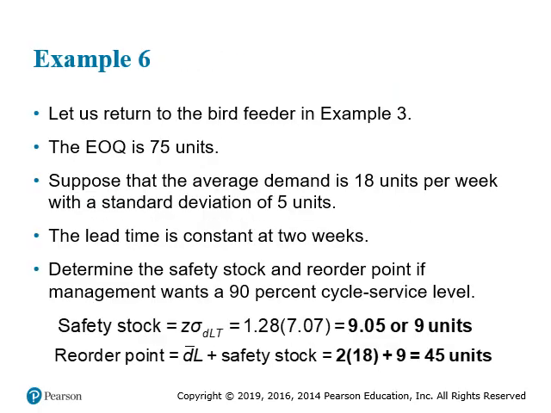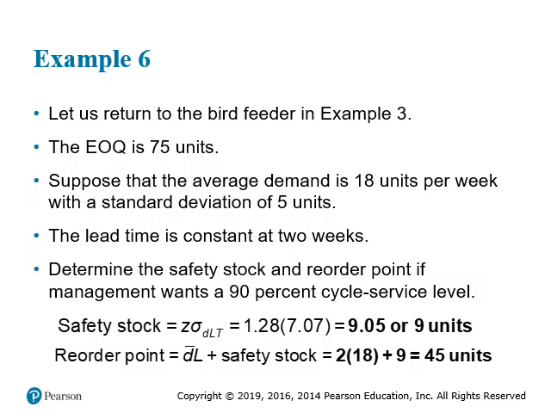Going back to the bird feeder that we've been working with for a little while, all the way back from example 3, we found that the EOQ was 75 units, and we had said that demand was 18 units per week. We had been treating that as constant, but now let's say that it's not.